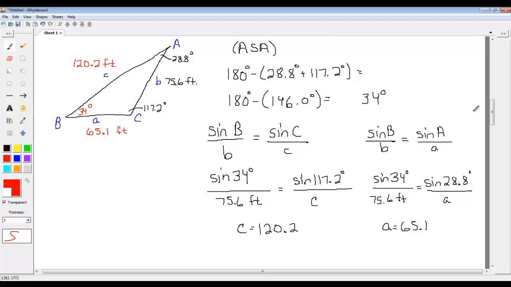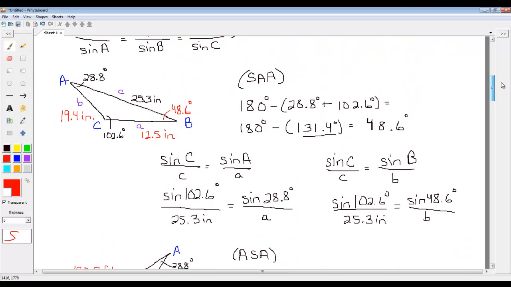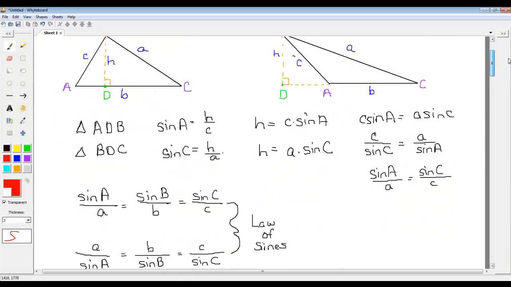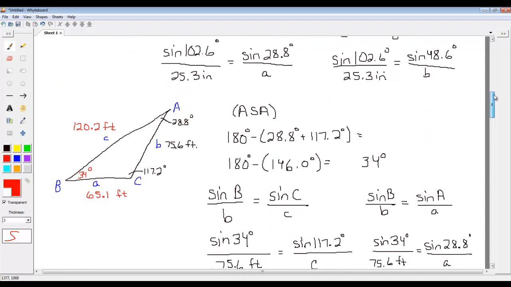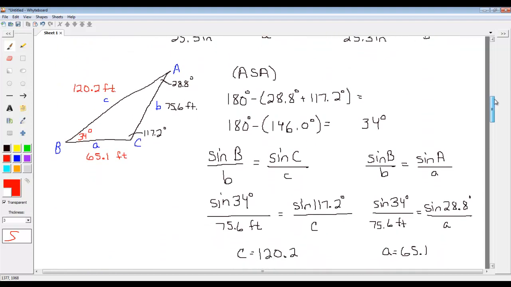Alright, now these problems have been pretty straightforward. When we knew the side angle situation, we were able to find the third angle and then immediately go into law of sines and not have any issues. We knew angle side angle, we were able to find the third angle, immediately jump in, go for it.